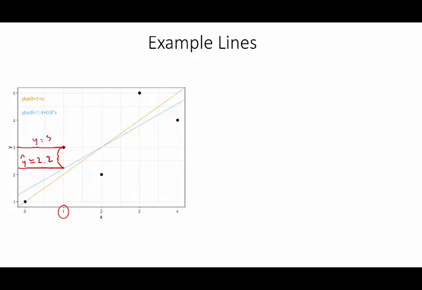Okay. So for that particular data point, the error made by the blue line was 0.8. Whereas the orange line makes a slightly bigger error. If we wanted to go down to the orange line, we'd need to add in this extra little bit. And so for that particular point, the blue line provides a better estimate. But for some of the other points, like this first one, the orange line provides a better estimate.